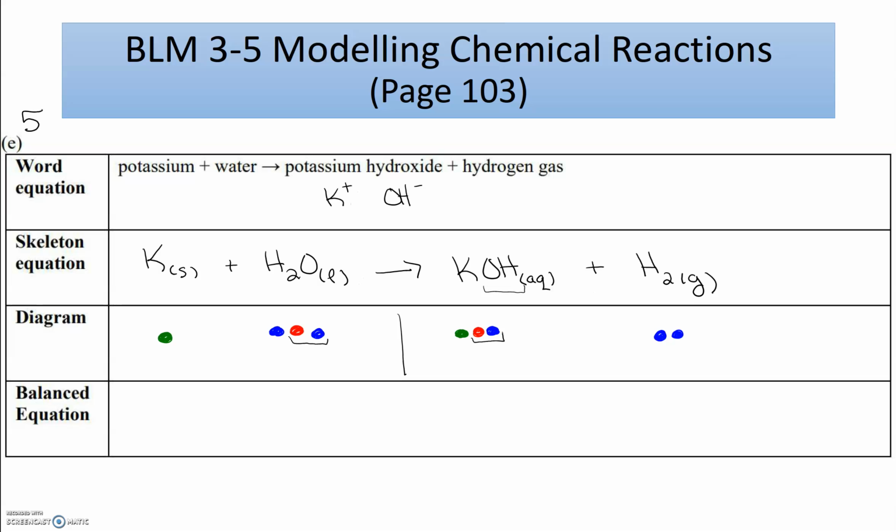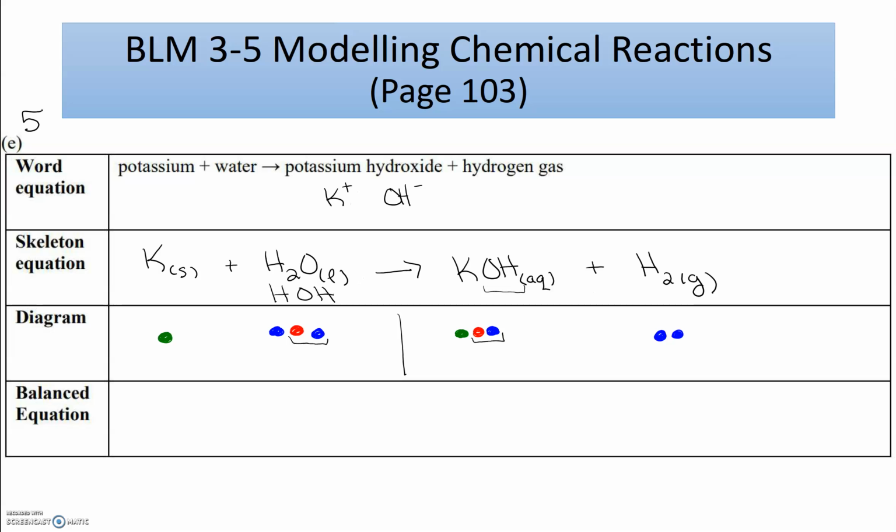And so that shows me this is where this hydroxide ion is coming from: water. And so I want to rewrite my water so that instead of H2O, I want to show it as HOH. And that way I can see where the hydrogen comes from and where that hydroxide ion is coming from.